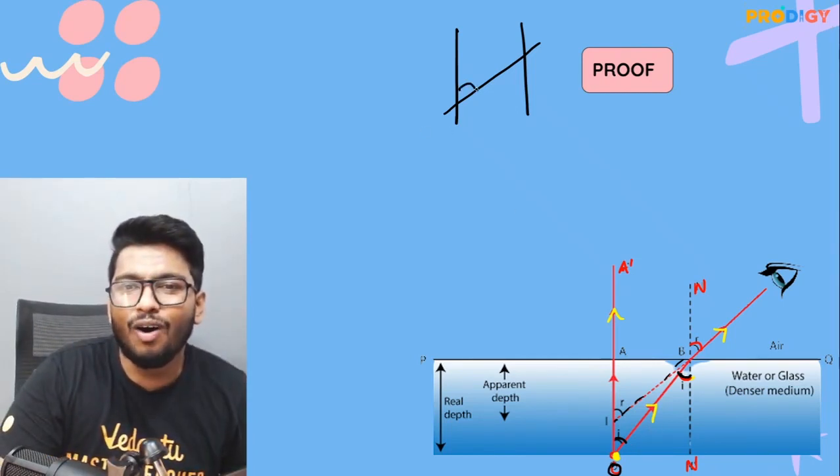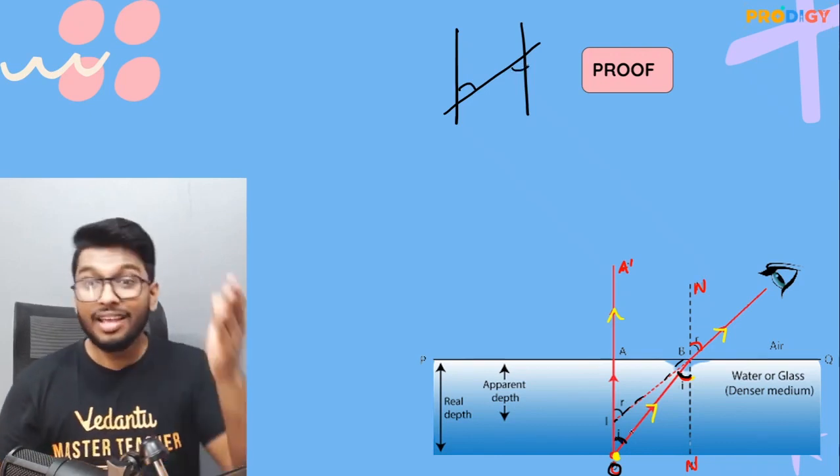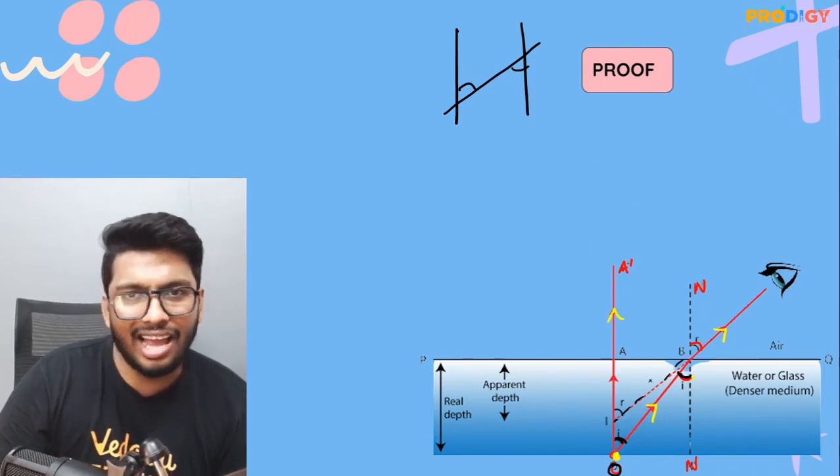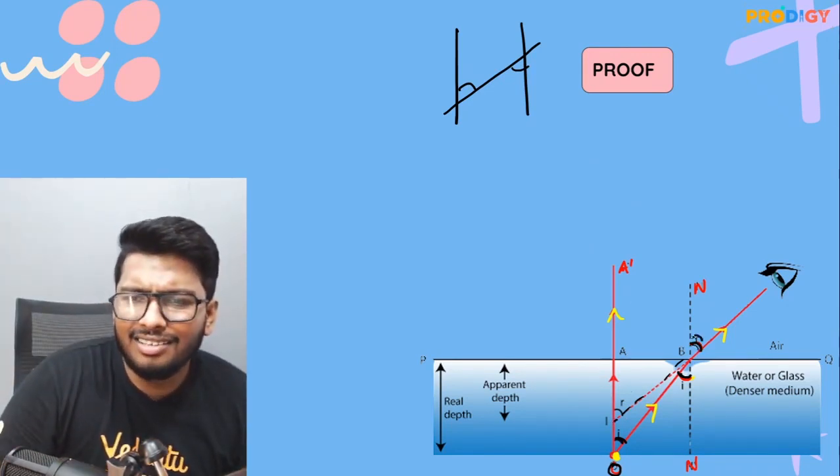So you can say that if this is I, this is also I. Simple. Now, if I take the other transversal, that is IB, this is R.